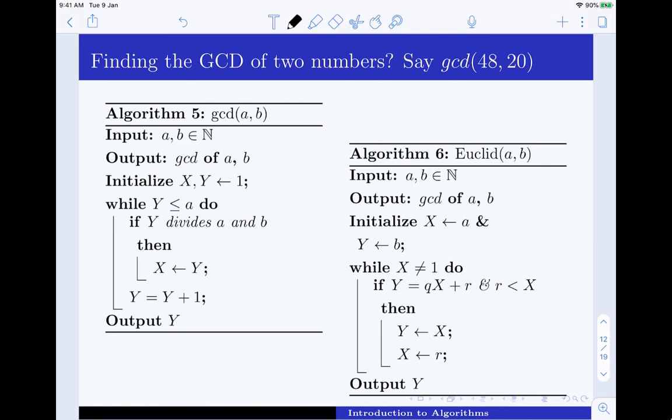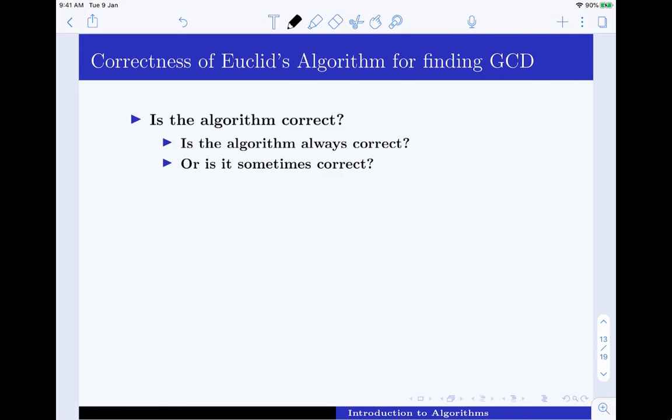You can go over the pseudocode. The first statement that you have to convince yourself of, which I'm sure all of you know, is that both the algorithms are correct.